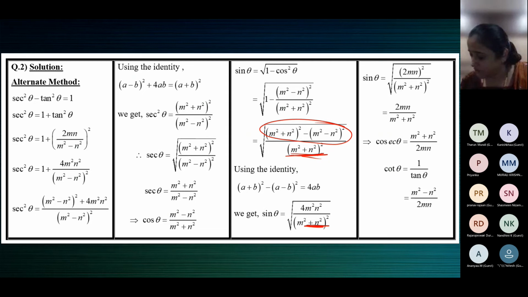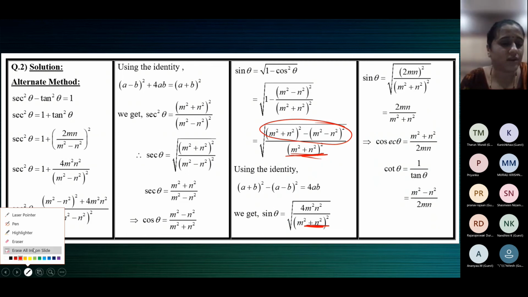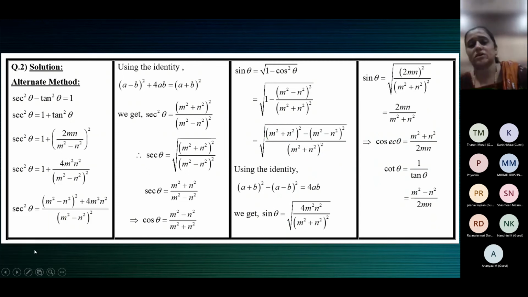So 4m square n square should be written as 2mn the whole square.